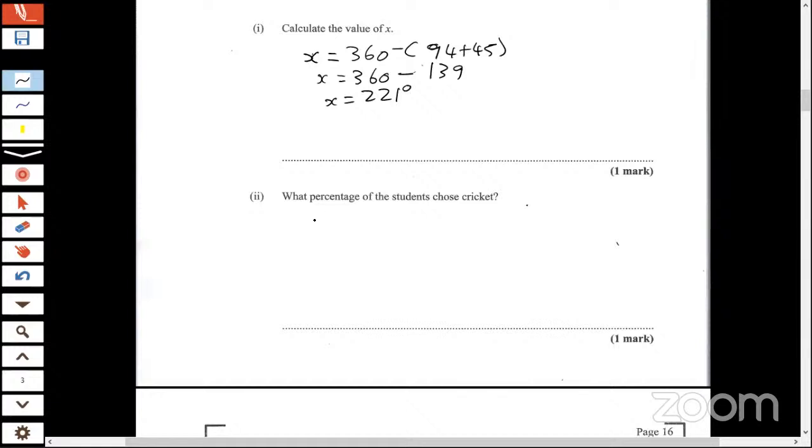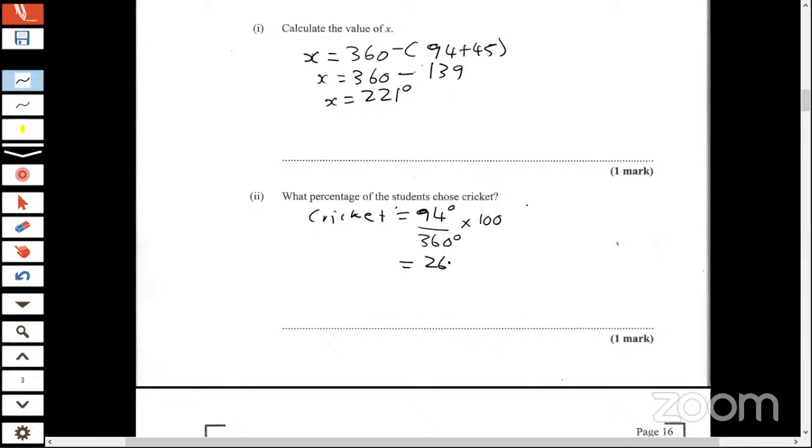So cricket here now has an angle of 94 degrees. Because this is a circle, that is actually 94 degrees out of a total of what? 360 degrees. So the amount is 94, the total in this case would be 360 degrees, and because they say percentage, you multiply that by 100.